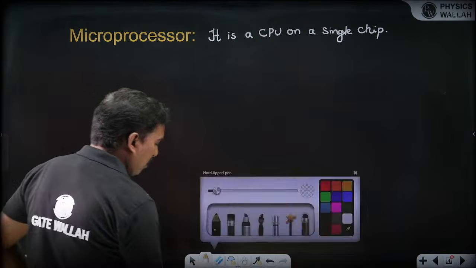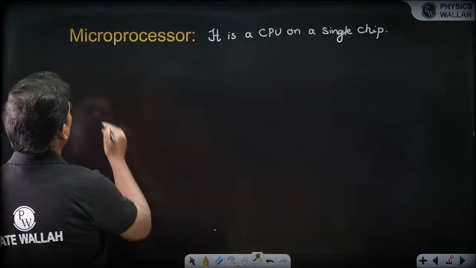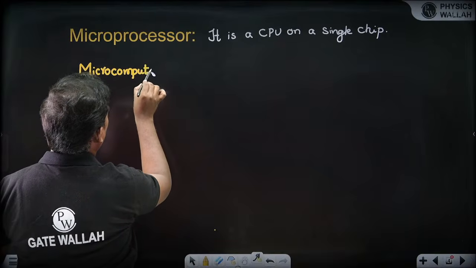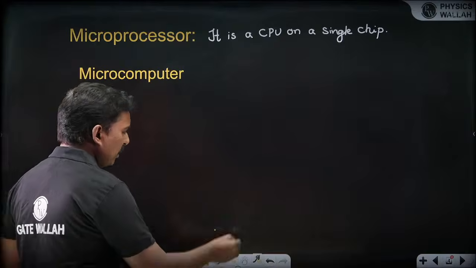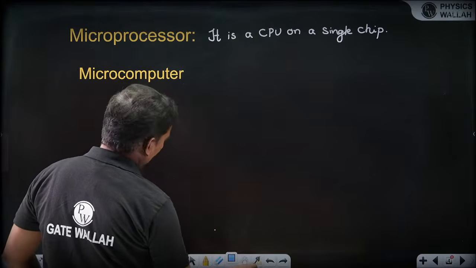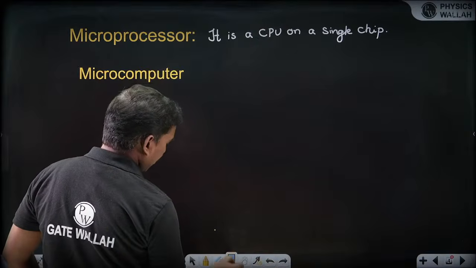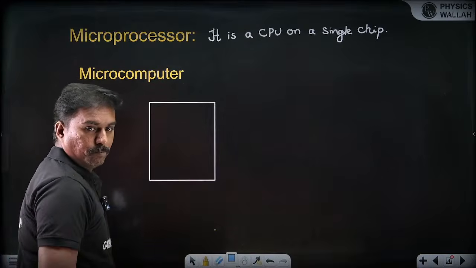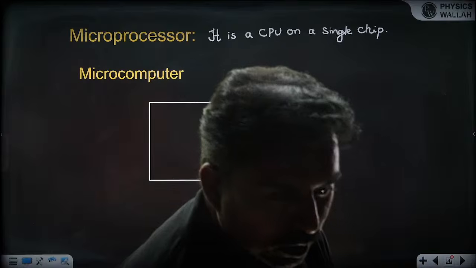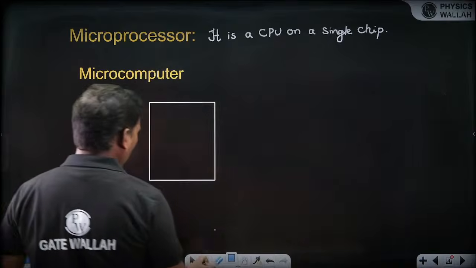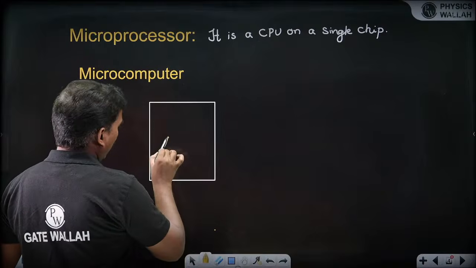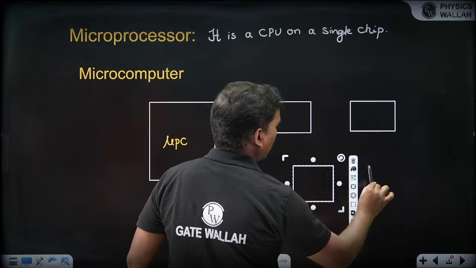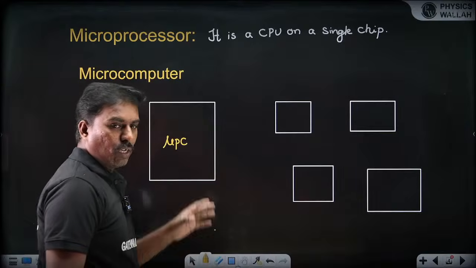Next, let us go for the microcomputer. What is microcomputer? Microcomputer बोलो तो क्या हो सकता है? So this is the microprocessor. When this microprocessor is associated with RAM, ROM, IO ports and timers, then that is what we call as microcomputer.